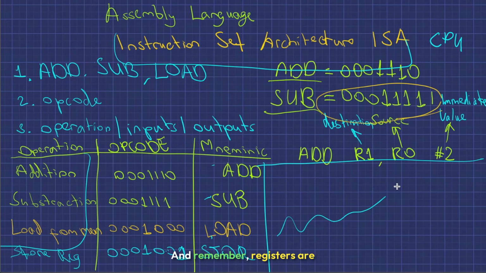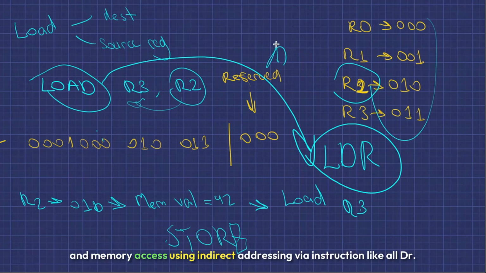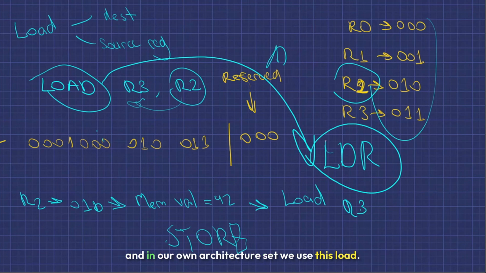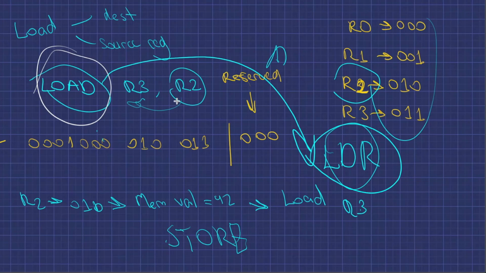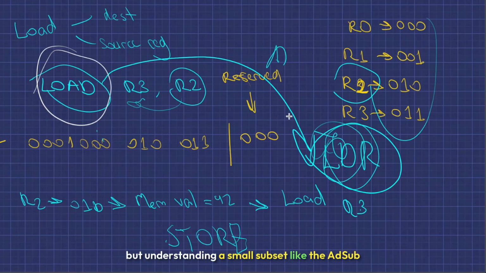Remember, registers are fast local storage units that keep temporary values, and memory is accessed using indirect addressing via instructions like LDR. In our own architecture we use this load. In a real CPU like ARM, there are hundreds of instructions, but understanding a small subset like add, sub, and LDR gives you a solid foundation.